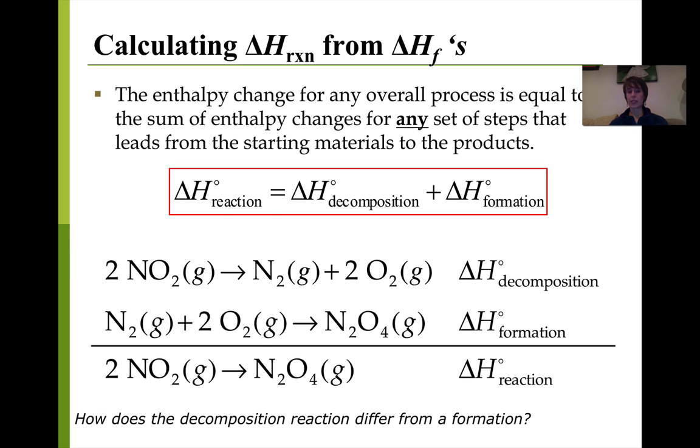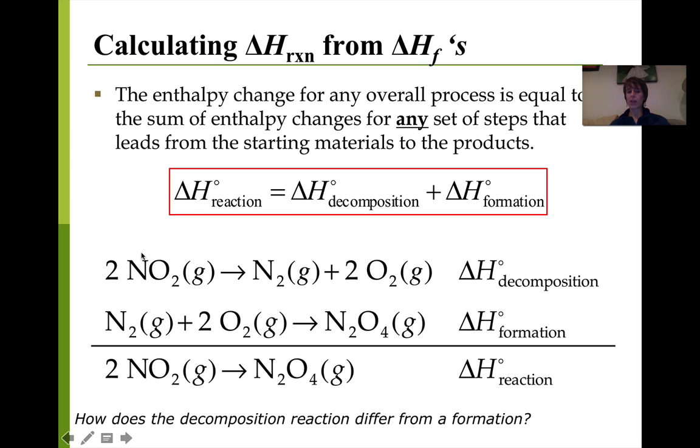Another way to look at this is looking at these reactions. The decomposition here correlates to that first downward arrow, and we're seeing 2NO2 decomposing. The second reaction here is that formation reaction, the formation of N2O4. What I do here is basically add these 2 reactions together, and one way to think of it is this.